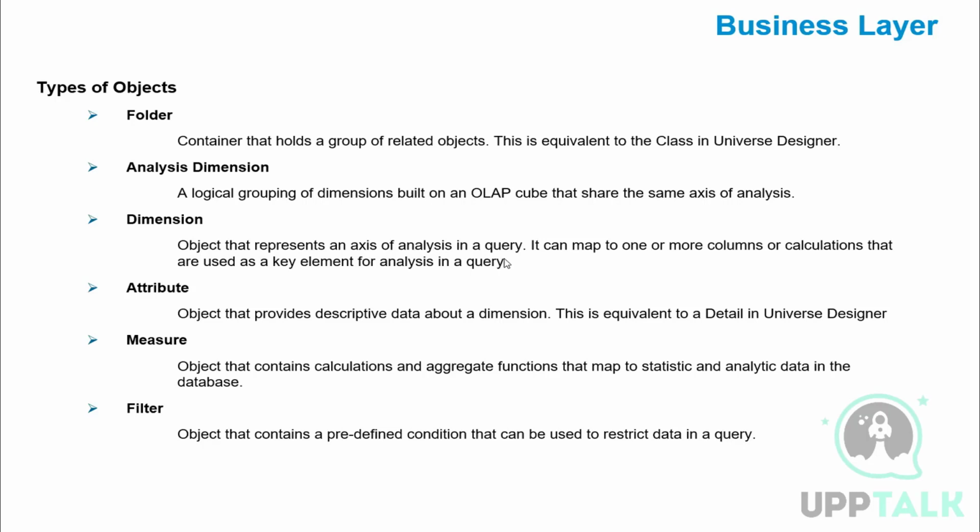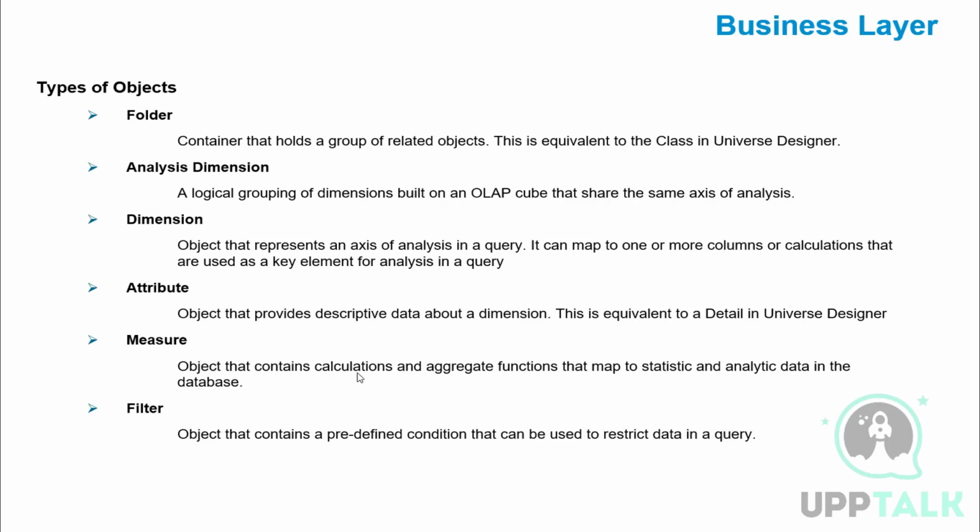If we are analyzing sales revenue, we need some perspective, in which perspective we are analyzing. Are we doing a region wise sales analysis or a product wise sales analysis? So here region and product come under dimensions, and sales is a measure.